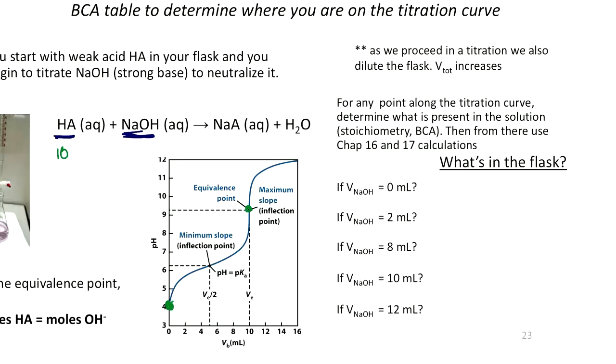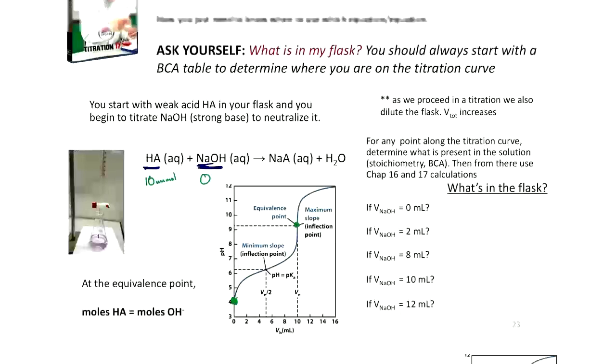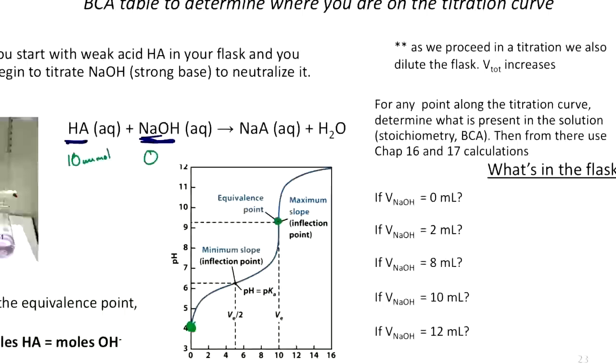Pretend you put 10 millimoles of HA into your beaker and you have 0 sodium hydroxide. So what I mean by my beaker is your Erlenmeyer. In your Erlenmeyer flask, you start with HA, that's it, and then you slowly start adding sodium hydroxide. So before your titration begins, this is what's in your beaker, or your Erlenmeyer.